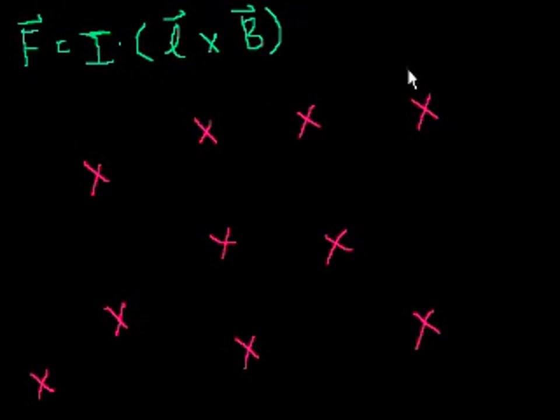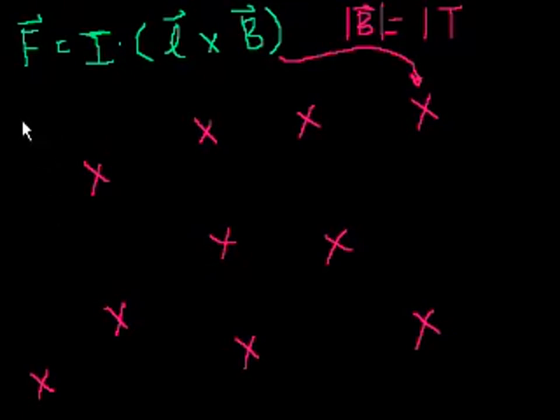So this is our magnetic field. That is B. I don't know, let's assign some value. Let's say that the magnitude of B is equal to 1 Tesla. And let's say I have a wire going through that magnetic field. Let's say the wire is in the plane of your computer monitor.